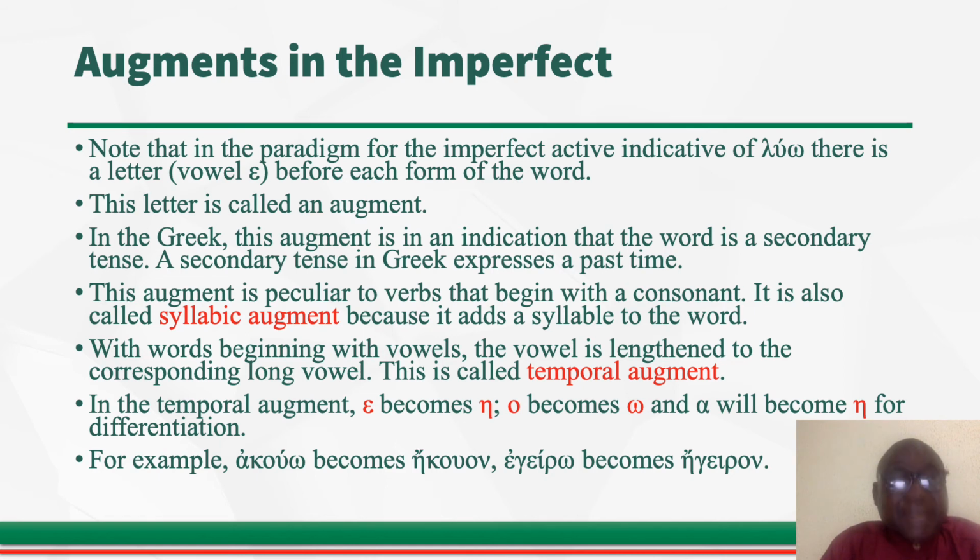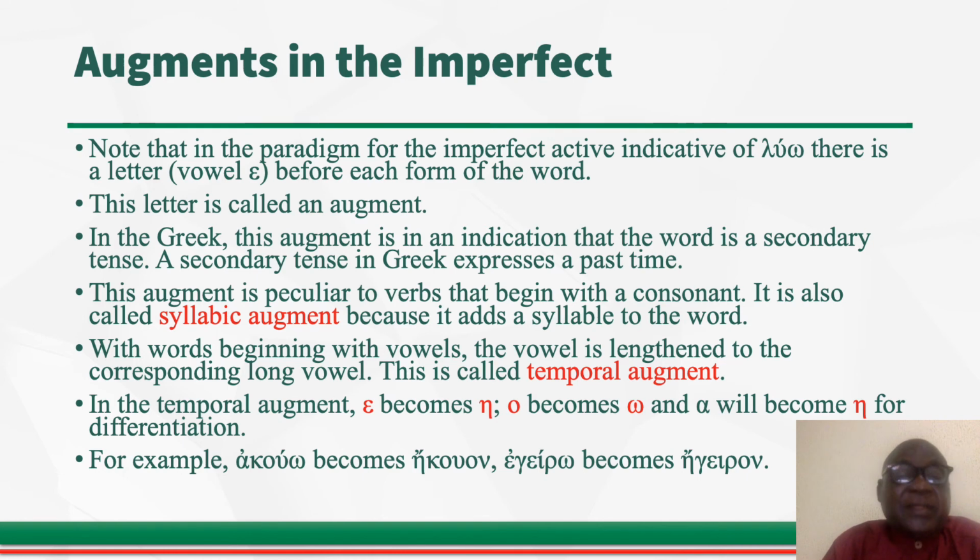A secondary tense in Greek expresses a past time. When you are bringing a vowel before a word beginning with a consonant, it is called a syllabic augment, because that vowel is a syllable on its own.